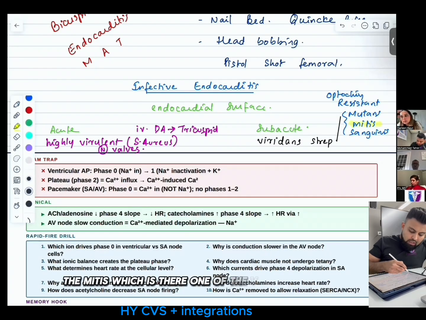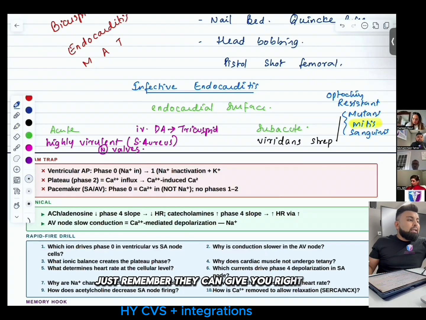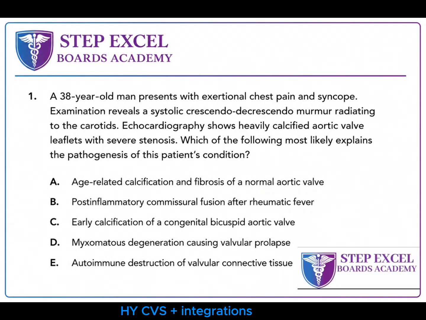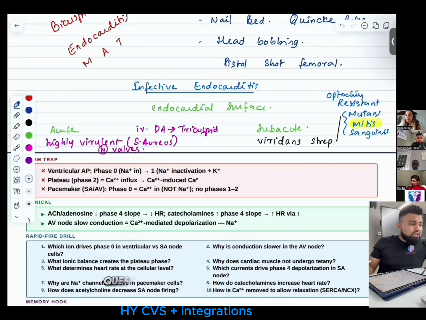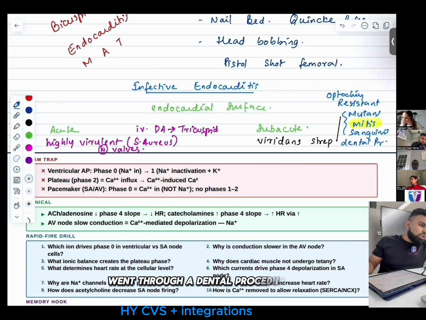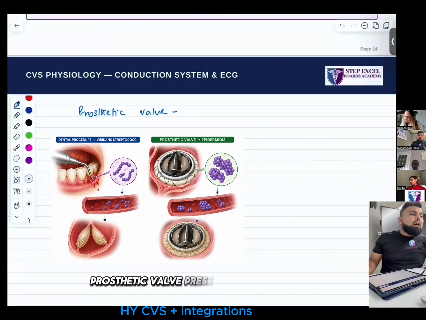The mitis, one of the viridans species, just remember they can give you, right, that it is associated with endocarditis. A question may talk about an individual who went through a dental procedure and had a pre-existing prosthetic valve. Presence of a prosthetic valve increases the risk of endocarditis.